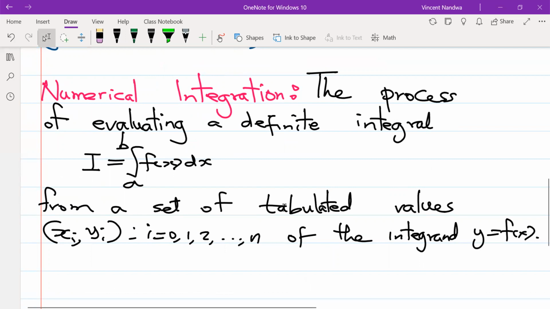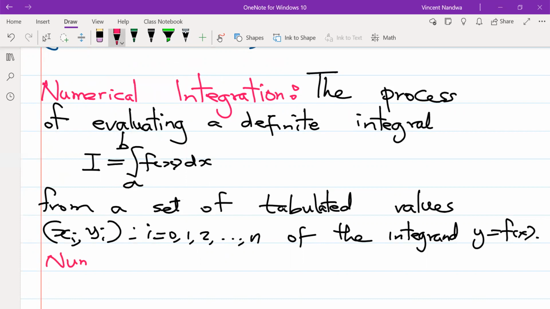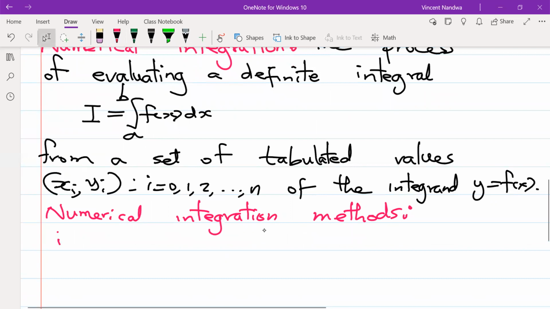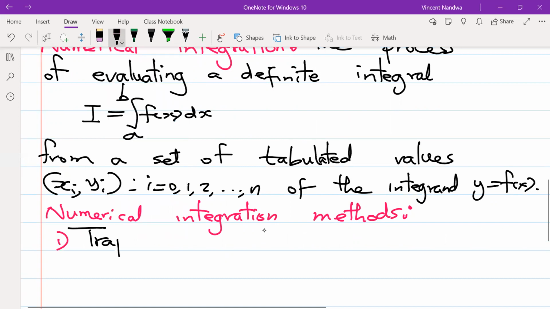So there are different methods of carrying out numerical integration, some of which include one that you know from your high school, the so-called trapezoidal rule.